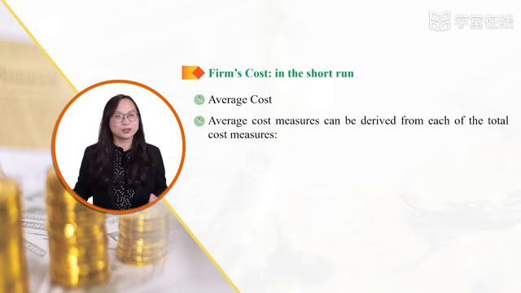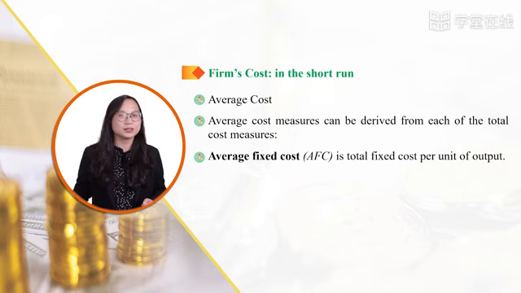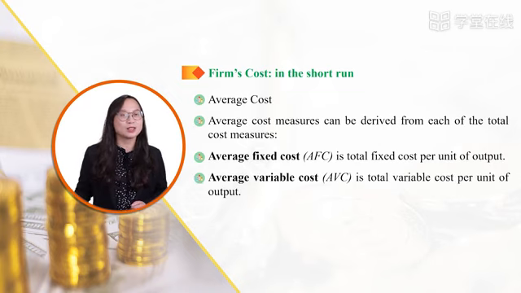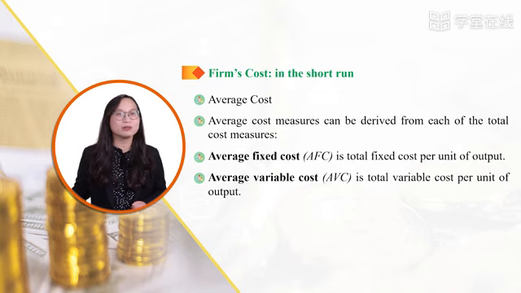Average cost measures can be derived from each of the total cost measures. Average fixed cost, AFC, is the total fixed cost per unit of output. Average variable cost, AVC, is total variable cost per unit of output.